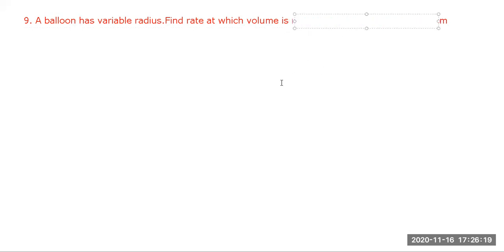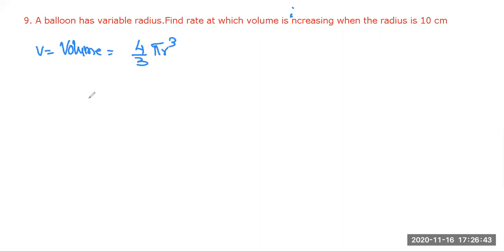So obviously we need to find out the volume. So I need to know the formula for the volume of a balloon or the sphere. So first thing is volume. V is equal to 4 by 3 pi r cube. And what we need to find out is dV by dt, so dV by dr multiplied by dr by dt.